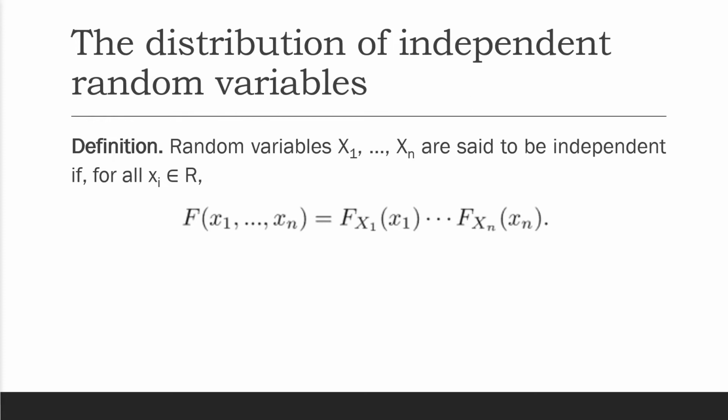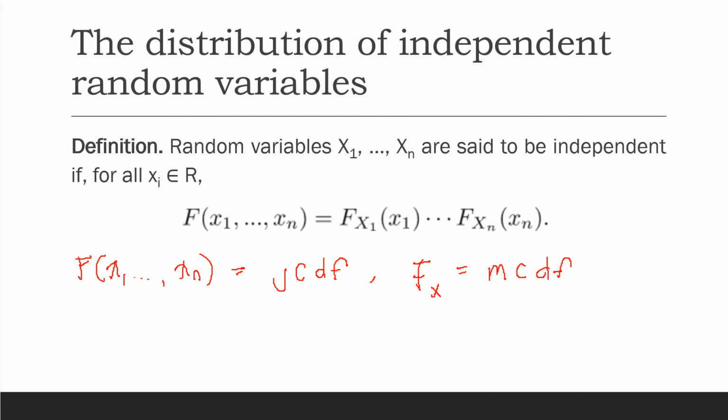Here we have to bear in mind that f of x sub 1 up to x sub n is the joint cumulative distribution function, and the f of x sub i are the marginal cumulative distribution functions.